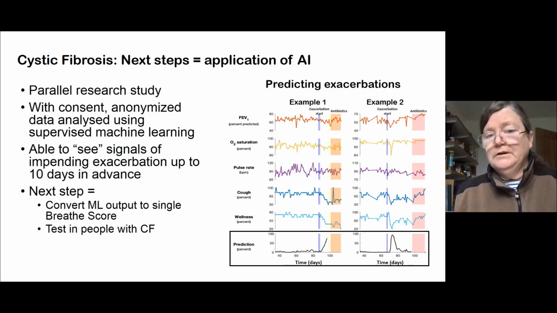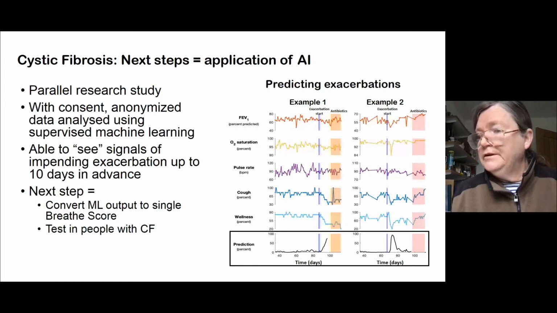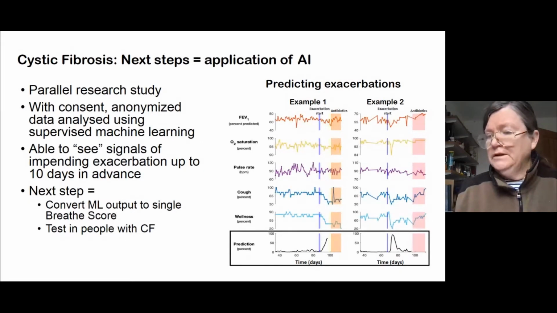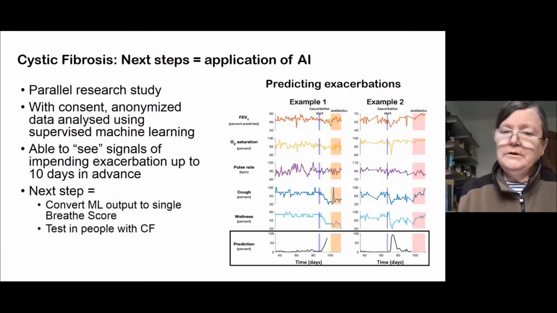But with supervised machine learning, we're able to convert the data, and we can actually identify an exacerbation beginning to happen up to 10 days before it actually happens.